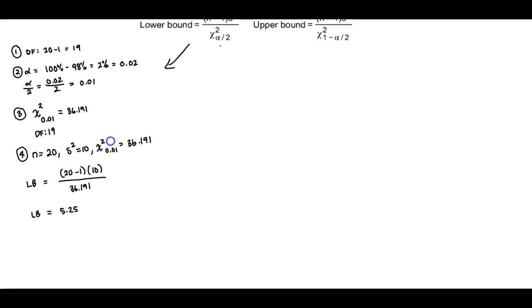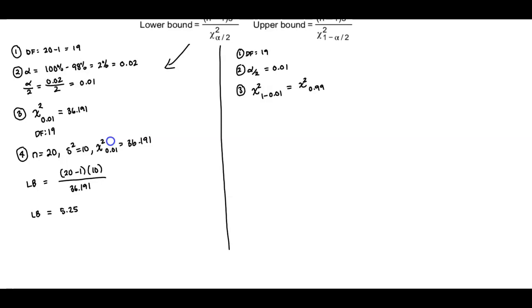Okay, and so again here, we know our degrees of freedom is 19. We know that alpha divided by 2 is equal to 0.01. And then for the upper bound, we're taking chi-square of 1 minus 0.01, and 1 minus 0.01 is 0.99.